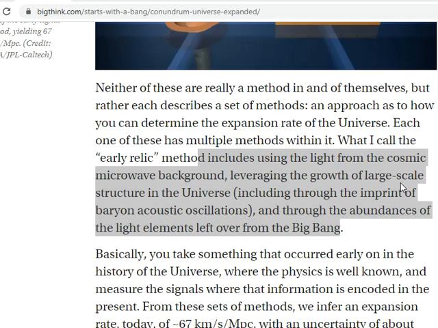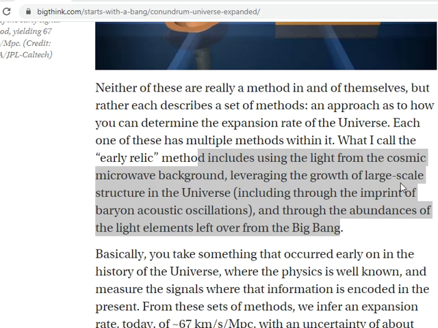There are so many assumptions regarding, okay, you're looking at the CMBR and you're seeing baryon acoustic oscillations. How do you know that you're seeing the baryon acoustic oscillations? Abundances of light elements. Okay, so you're seeing the abundance of light elements from the CMBR.